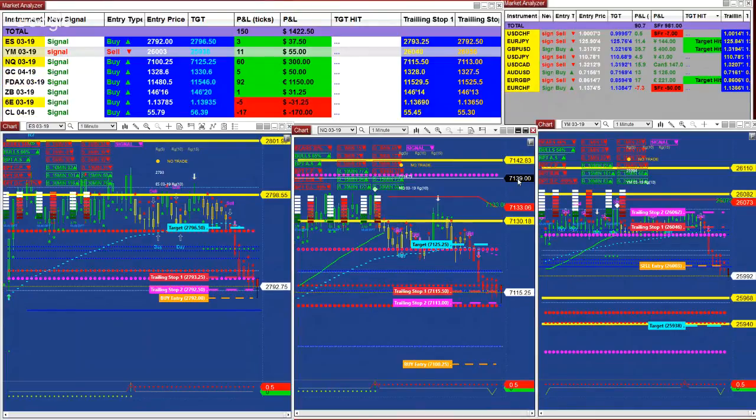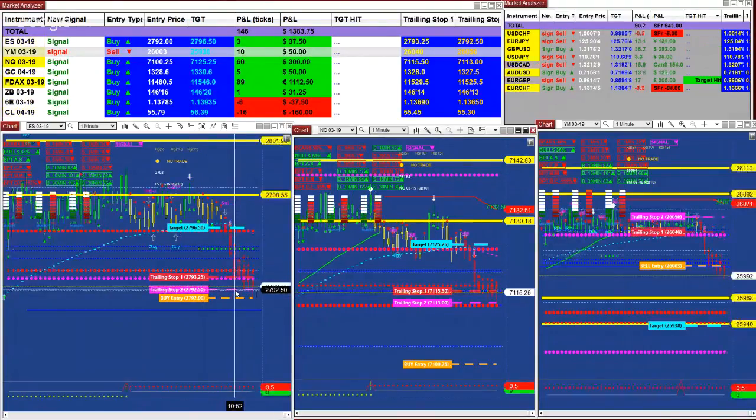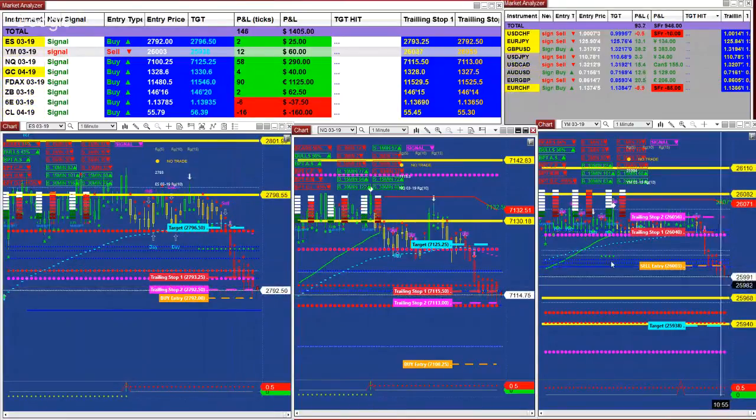It is really critical. If this ES is not able to break the last level, the YM is not going to go anywhere.